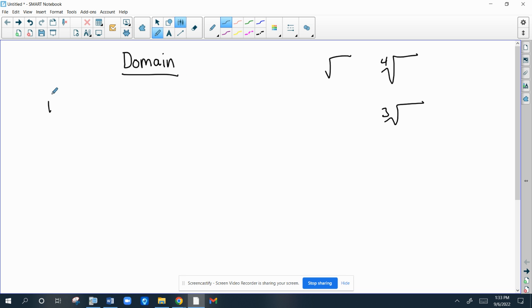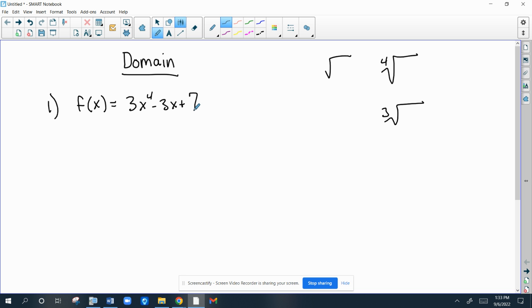First example, if I had just asked you what's the domain of this function, stop there. You have to think, is there any value of x that would make you divide by zero? Well, first of all, there's no division in this.